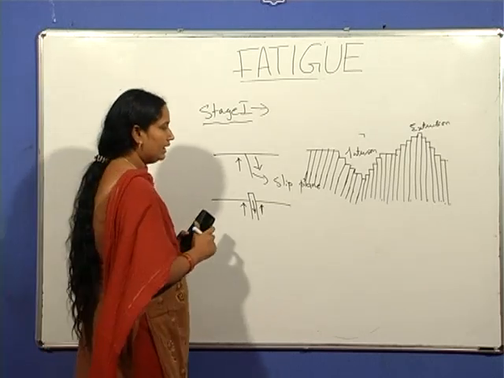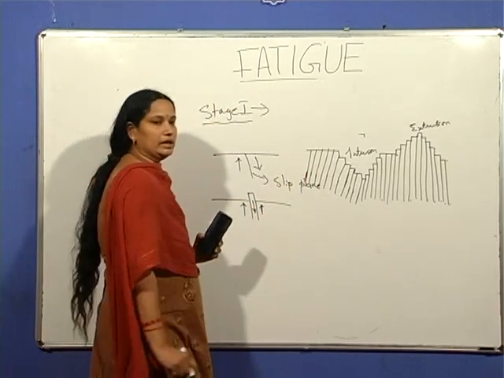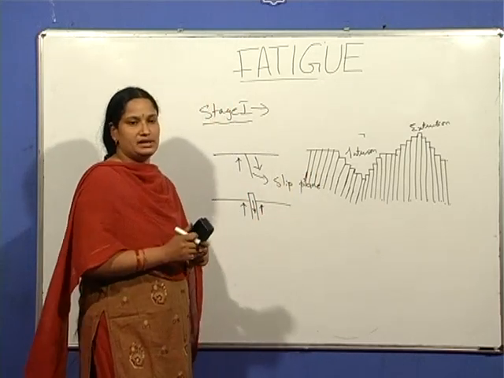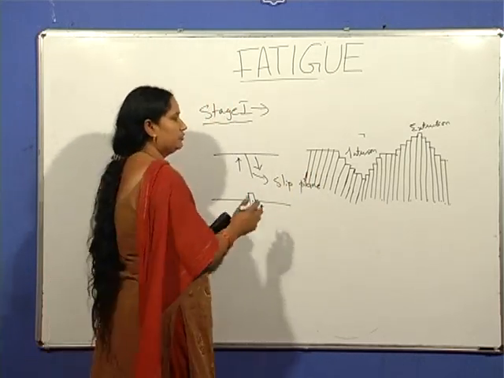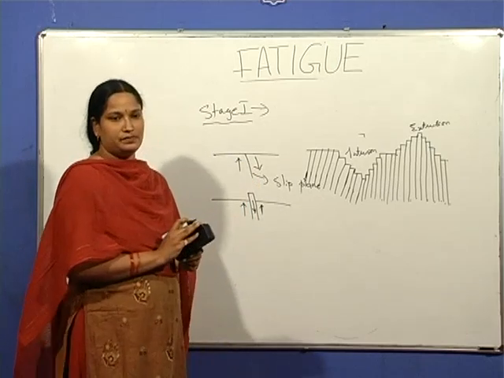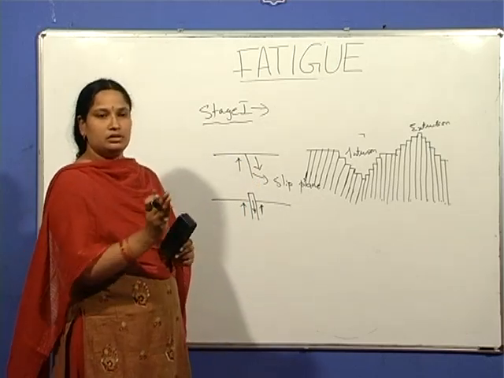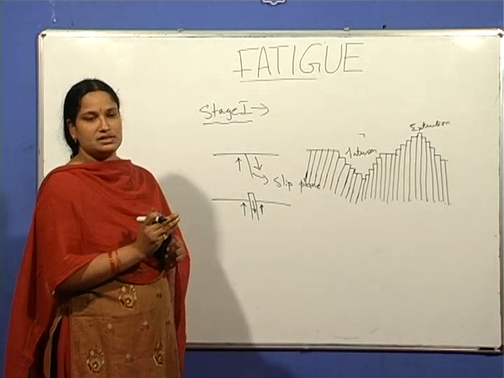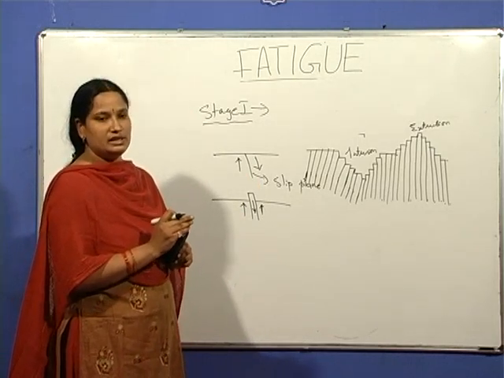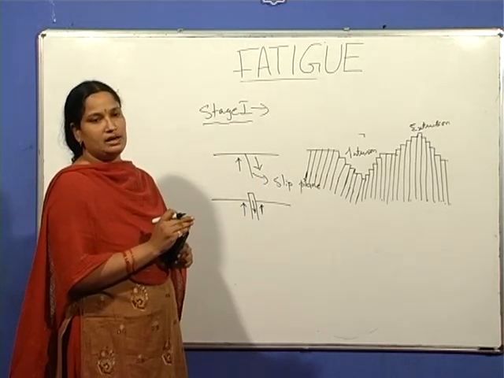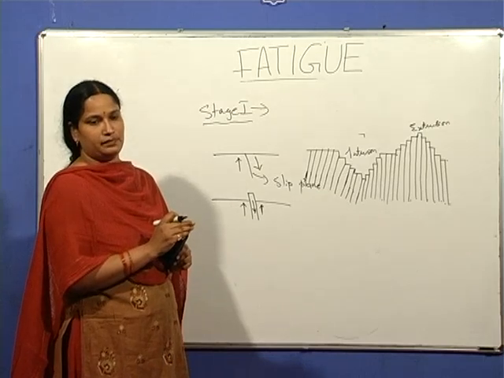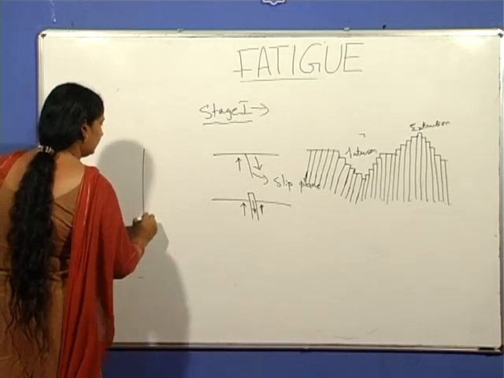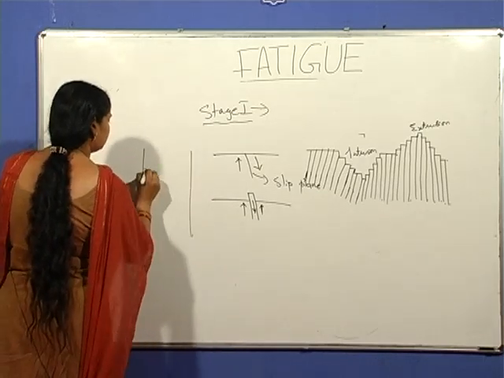Initially, the crack propagates along the direction of the slip bands, which are about 45 degrees to the principal tensile axis.